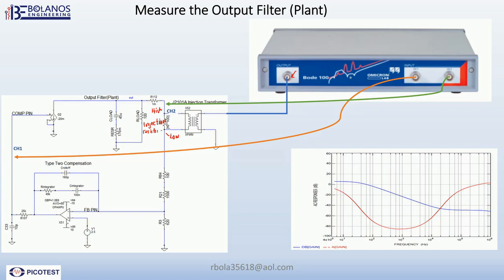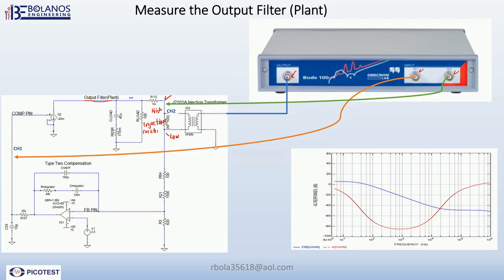Now to measure the output filter, what we want to do is measure the transfer function of your output filter. So we're going to connect channel 2, this here, to the high side of the resistor right there. And then channel 1, we're going to connect it to the COMP pin of the PWM.